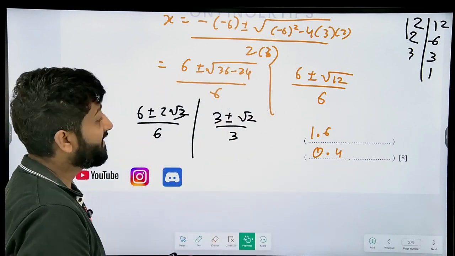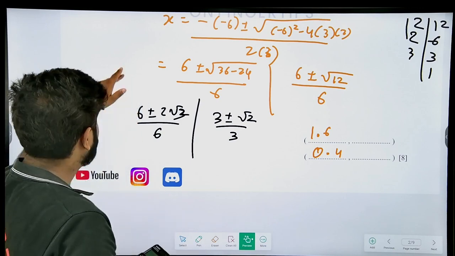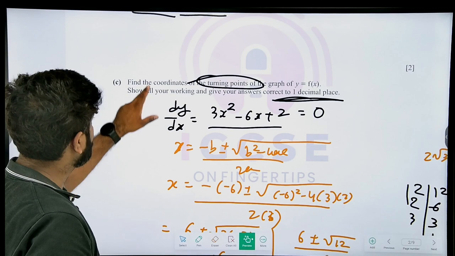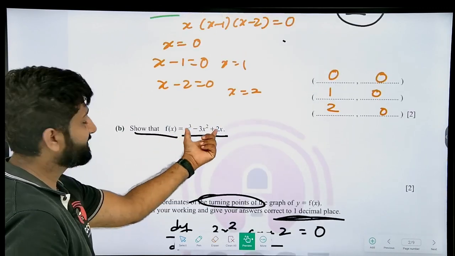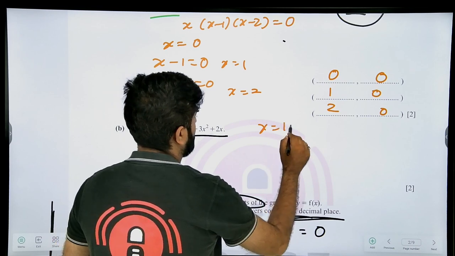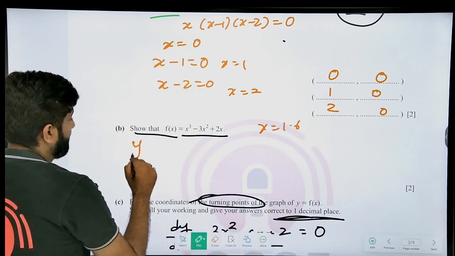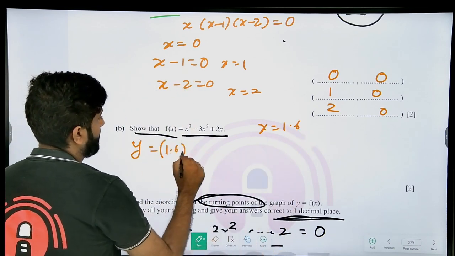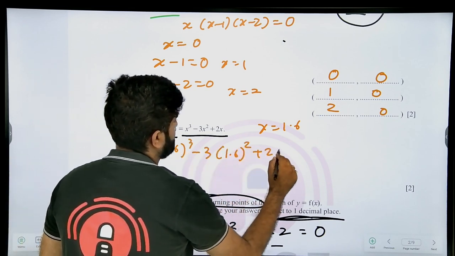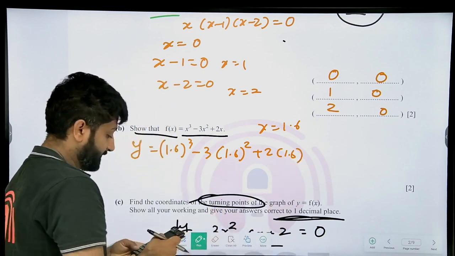Now obviously I have to find the coordinates, so I will have to substitute the value of x in the main equation. This is my main equation. So when x is 1.6, y is going to be 1.6³ minus 3 times 1.6² plus 2 times 1.6.